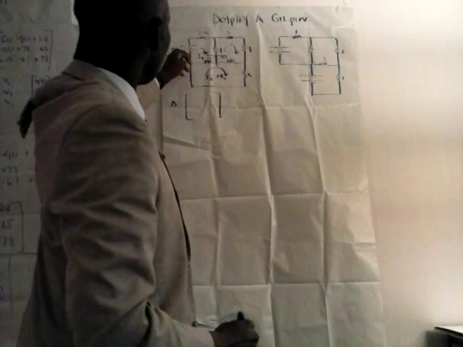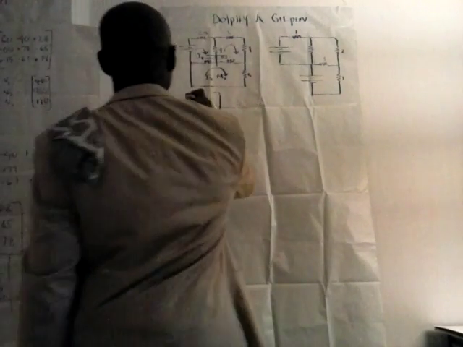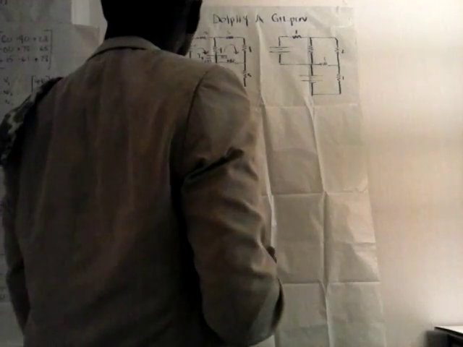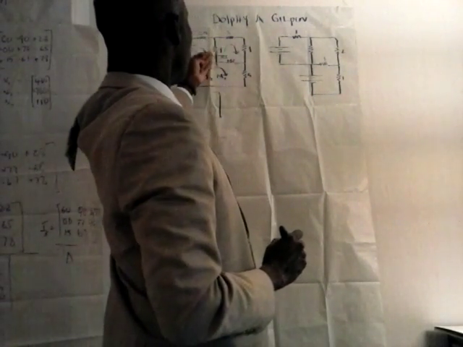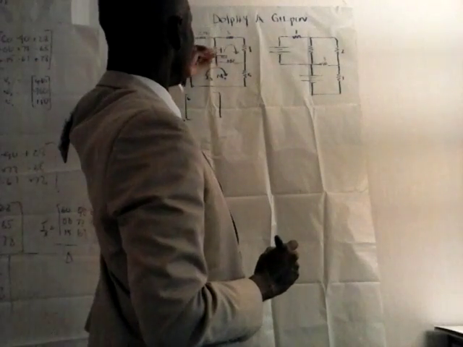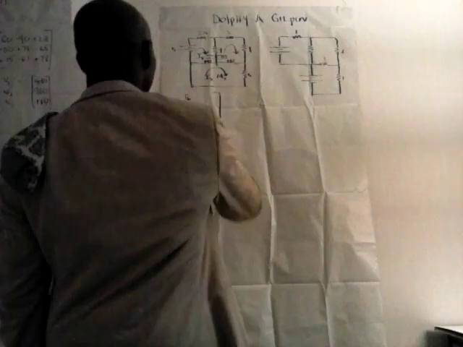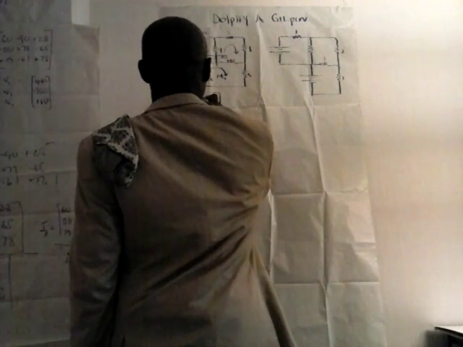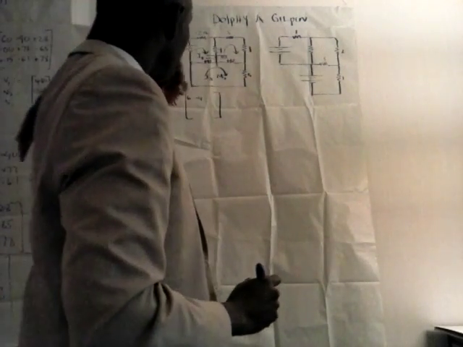And if we add the resistances, we get 4 and 2, 6 ohms. R11. R12, mesh 1 and 2, and the only resistance corresponding to mesh 1 and 2 would be here, 4. And it takes on negative 4 ohms. Mutual resistances are negative.